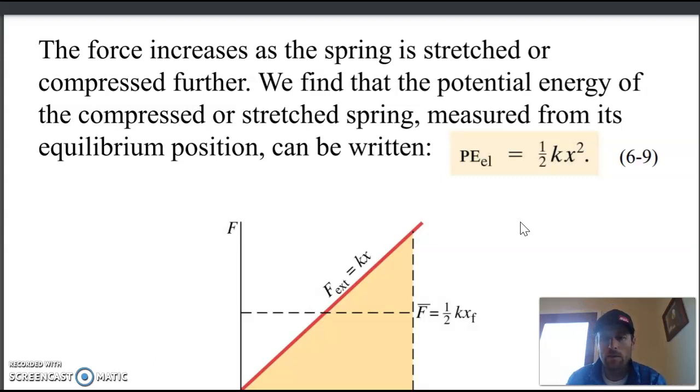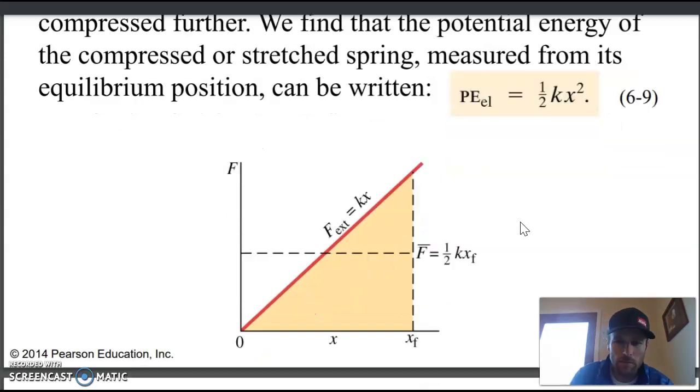And the powerful thing here is we can use this equation to predict kinetic energy when the spring is released. Think about a dart gun. If we know the k value of the spring in a dart gun, we can measure how far that spring is compressed. We can predict the velocity that the darts are being fired at.